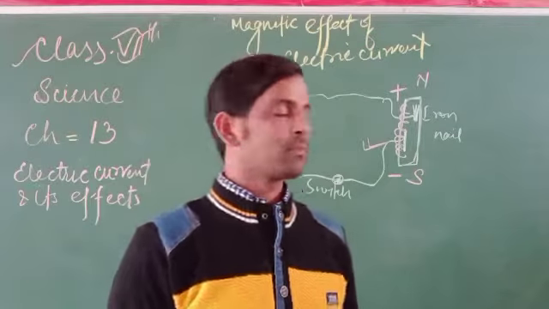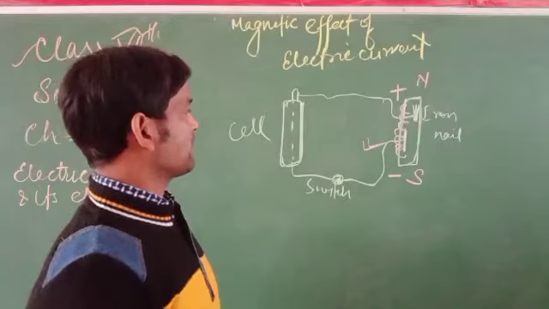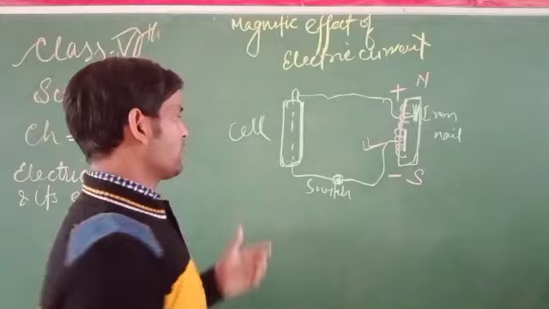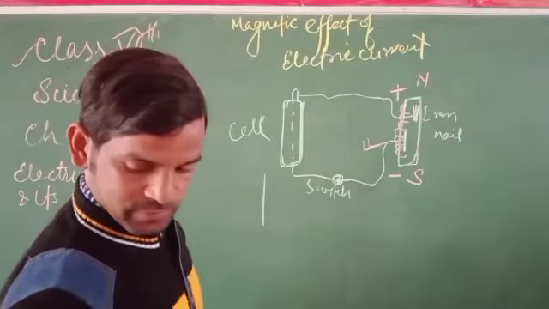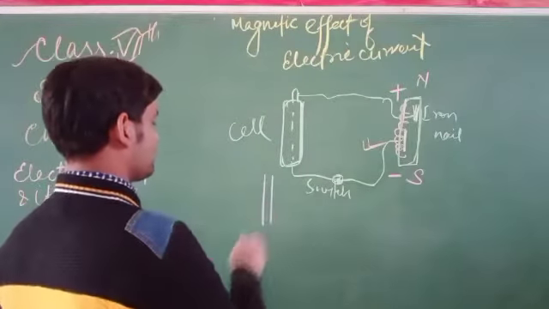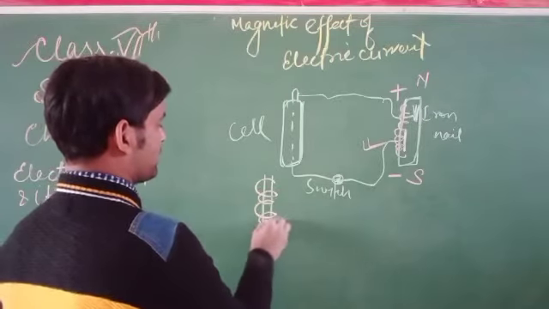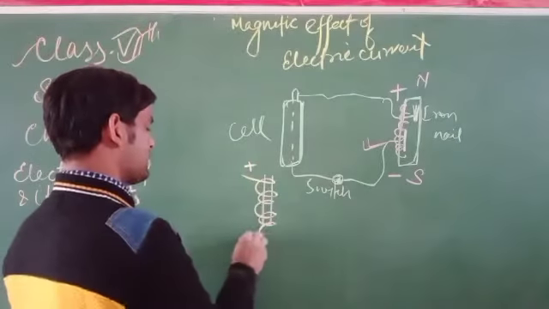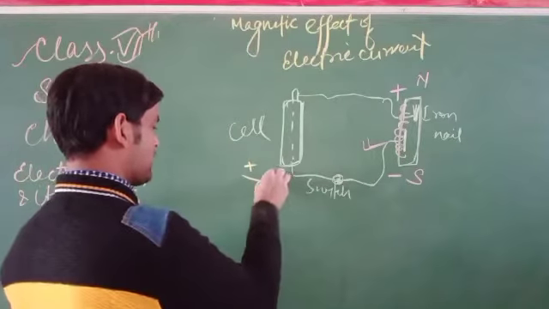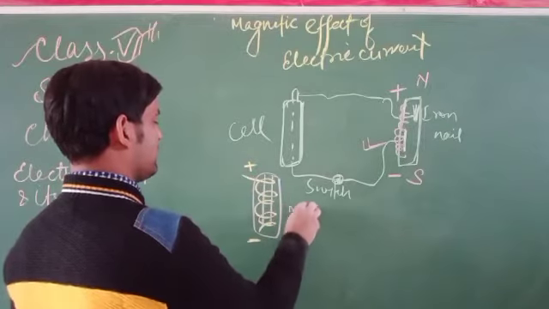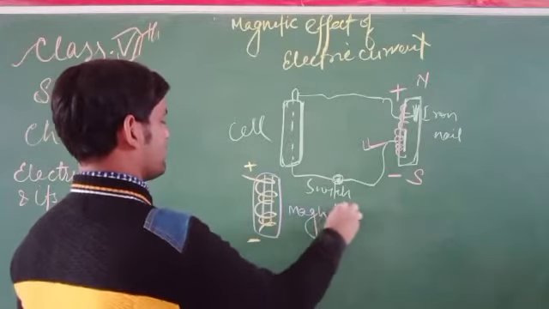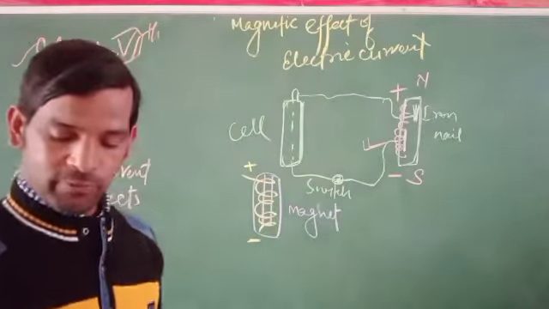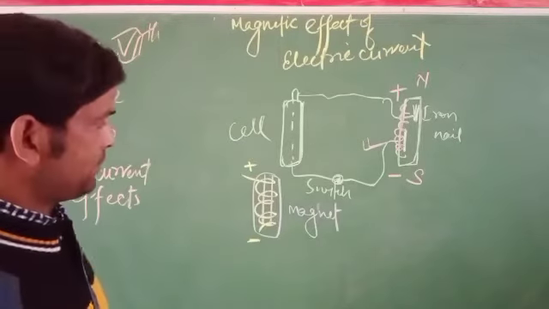In another sense, we can say if a rod is taken, and wire is wrapped around it and electric current continuously supplies, what does it behave like? It behaves like a magnet. So this is called the magnetic effect of an electric current.